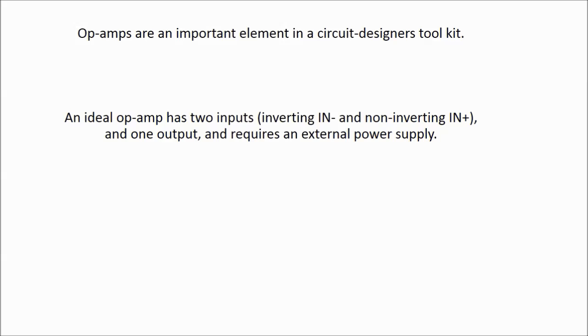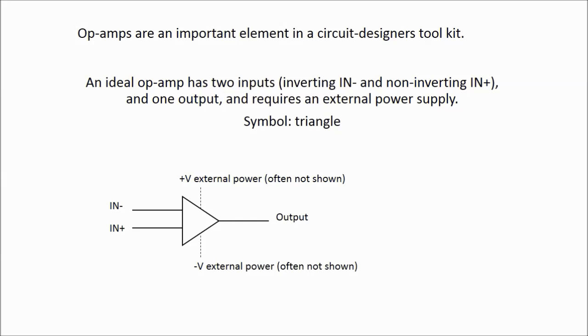So an op-amp has two inputs and one output. The two inputs are called the inverting input and the non-inverting input, often marked minus and plus, or sometimes just minus and plus. The symbol for an op-amp is a triangle, so you'll always have a wire coming in for each of the inputs.